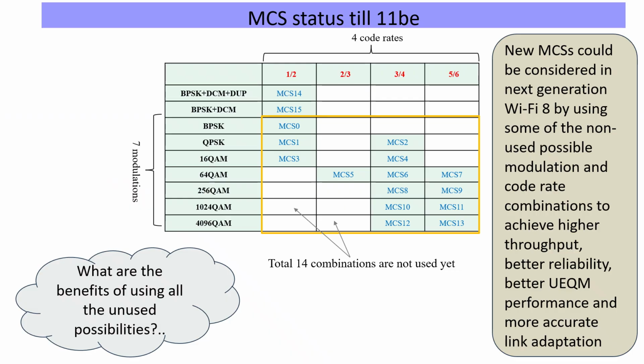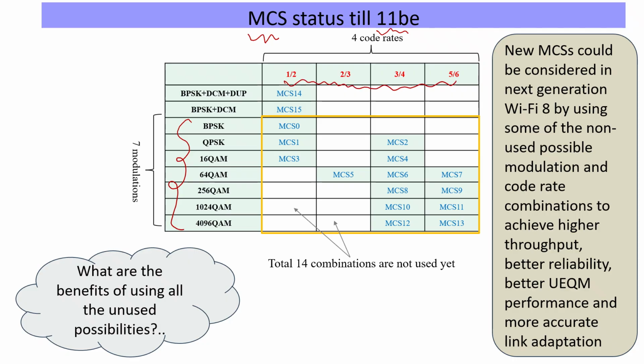So if we look at the MCS story, in fact, it has been a checkered story over the standardization evolution. But if we take the latest Wi-Fi 7 802.11be standards, we will notice that these are the different digital modulation types, and these are the coding rates which are available.